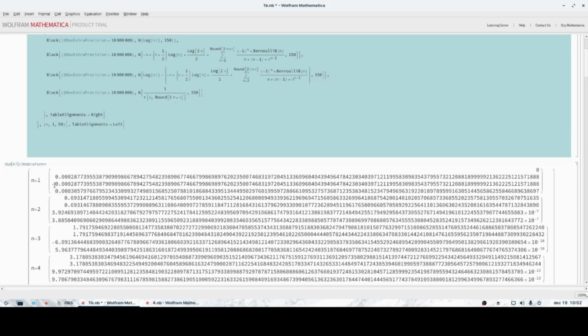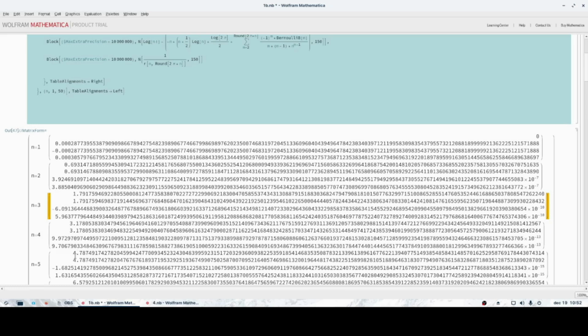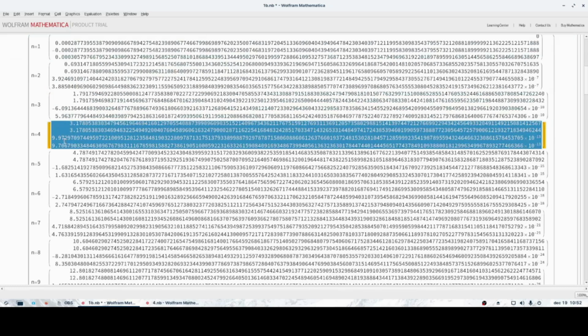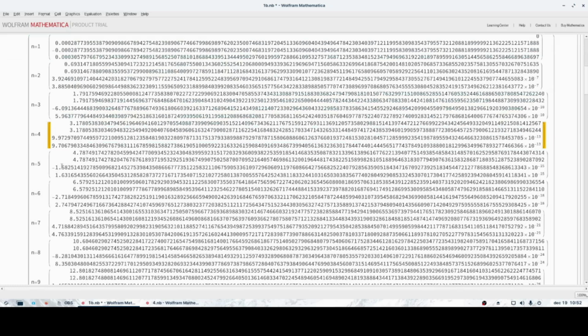So the last two lines: the third line is the original remainder term, and this is the function which approximates the remainder term. So it can be seen that only in sign it is different, so the absolute value of the remainder term is the same. But starting from n equals 4 the approximation gets better.